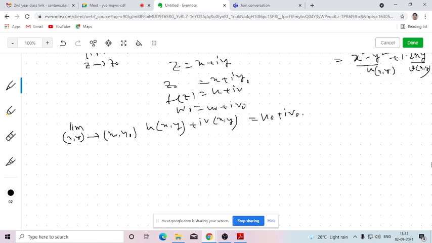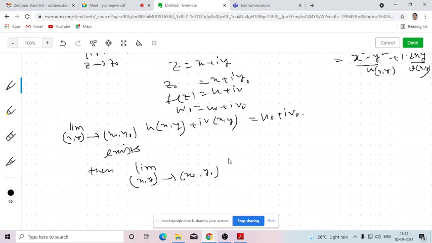Now as per this theorem, if this function of a complex variable has a limit, that is w0, that is u0 plus i v0, then if this exists, then the limit as (x,y) tends to (x0,y0) of the real part and imaginary part, which are two functions of two real variables, exist.